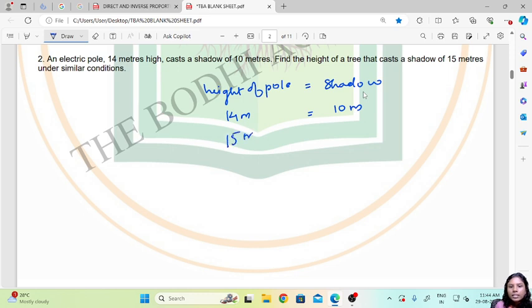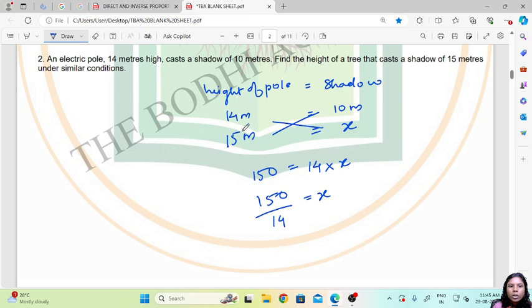So if say this is now 15 meters and this x we have to find out. So now 15 into 10 will be 150. So 150 equals 14 into x. This and this you multiply the same way. So now this will be 150 upon 14 equals x, correct?